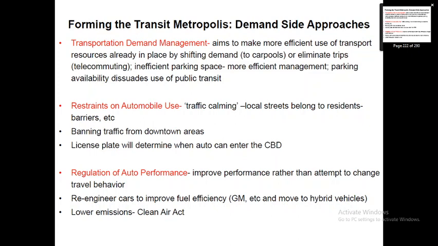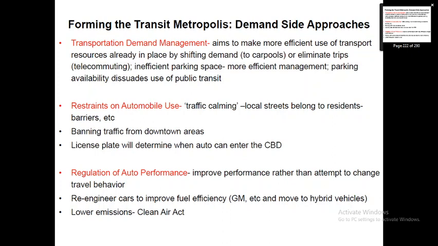So, on forming the transit metropolises, what are the achievements? It reduces the effect on the traffic. People start using public transport, and the transportation demand is increased, so people spend less.